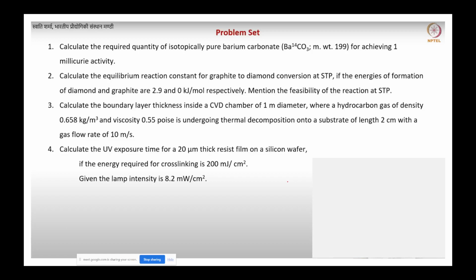Calculate the UV exposure time for a 20 micrometer thick resist film on a silicon wafer if the energy required for cross linking is 200 millijoule per centimeter square, and the lamp intensity is given as 8.2 milliwatt per centimeter square.